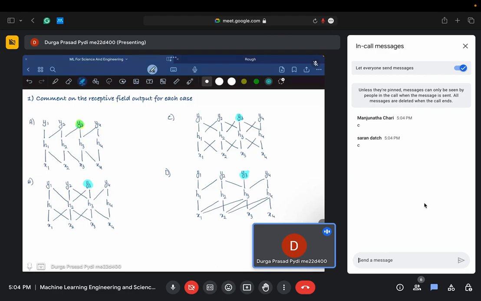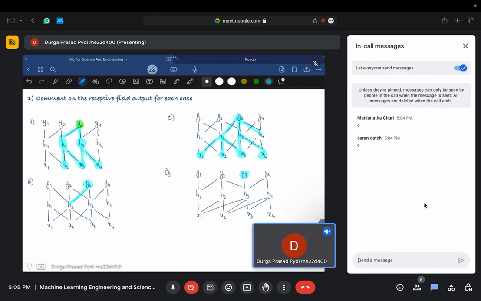So if you happen to see this, for the first option, you have connections to H2 and H3, and from H2 you have... so Y3 is able to see three inputs, X2, X3 and X4. For the next case, it was able to see all the inputs.